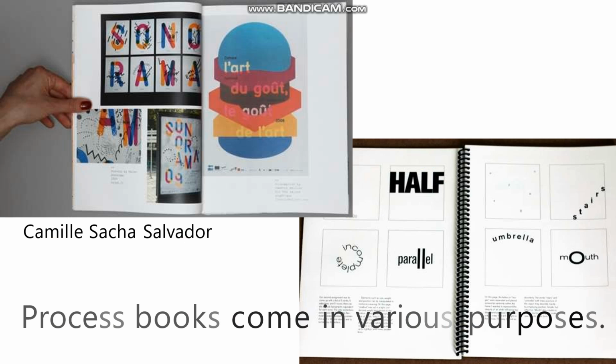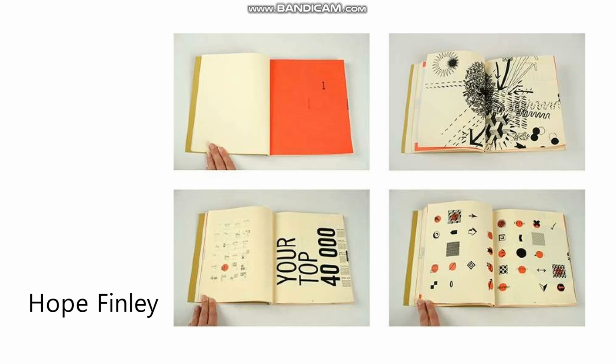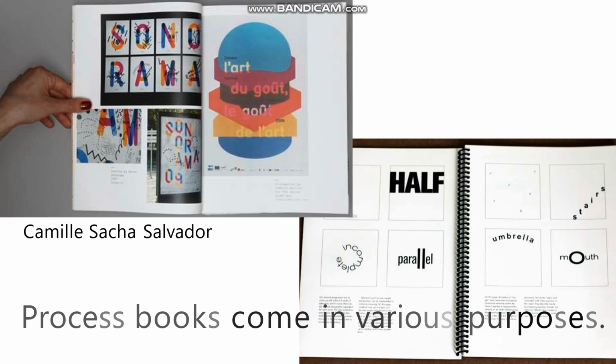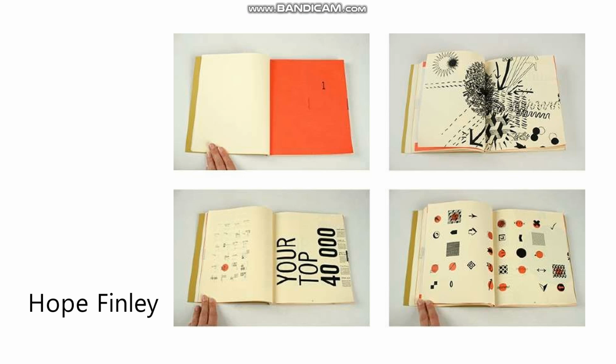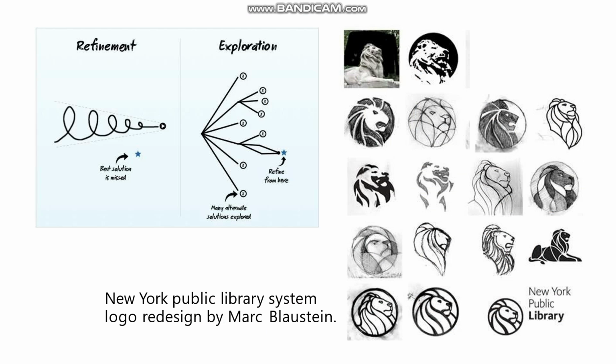So a record of their process, but also a record of their portfolio, but also a record of all the ideas and influences that go into all of that process. And so from this page, you can see those type of ideas, or on Hope Finley's page.